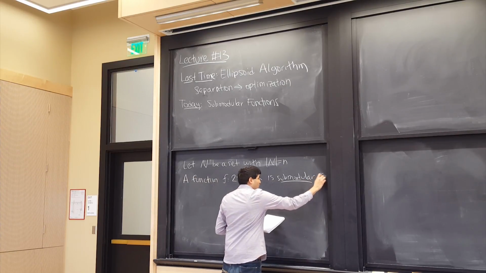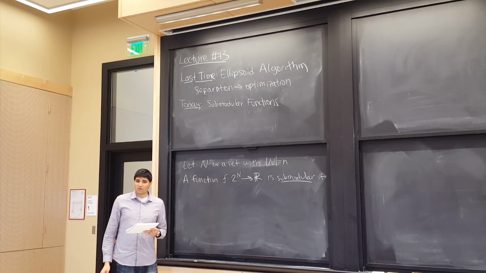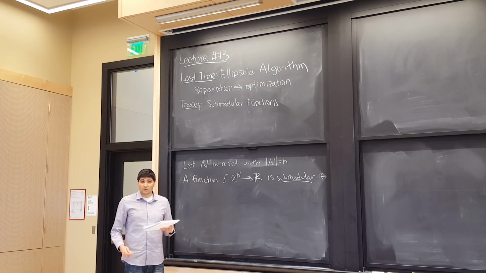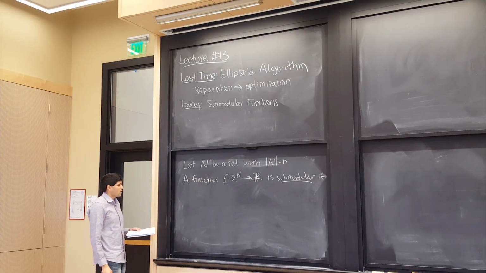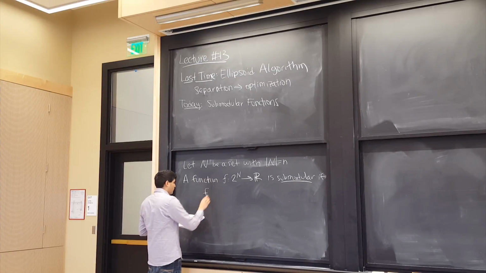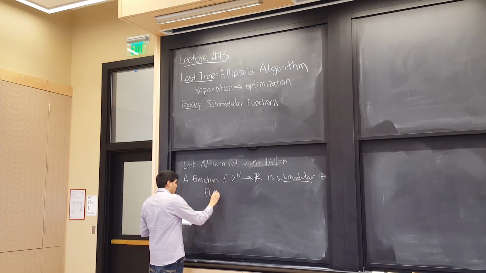So I'm actually going to tell you the slightly less standard definition of submodular functions, because I think that's actually even easier to motivate. I'm always surprised people talk about it the other way first. My favorite way to think about submodular functions is that they satisfy the following condition.